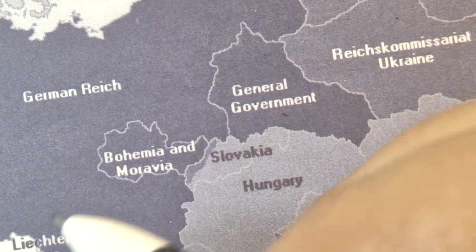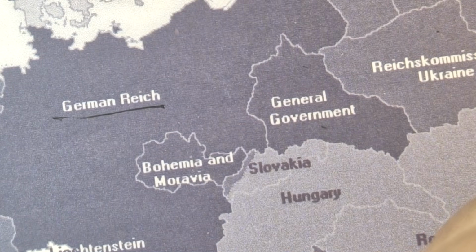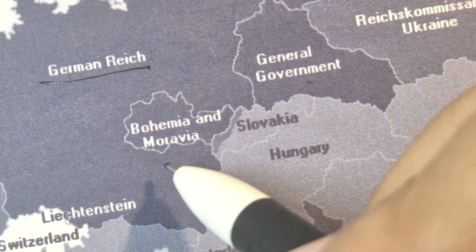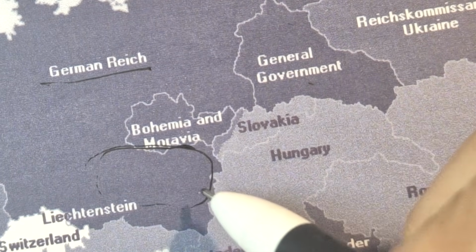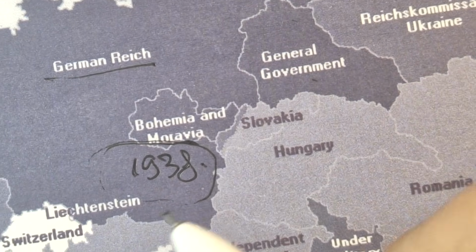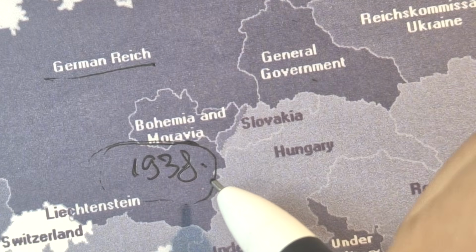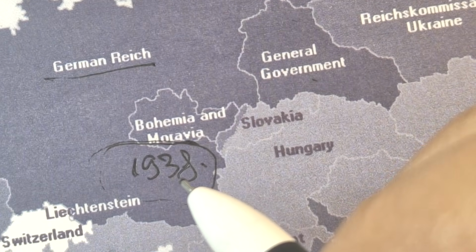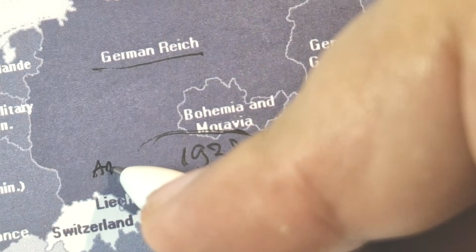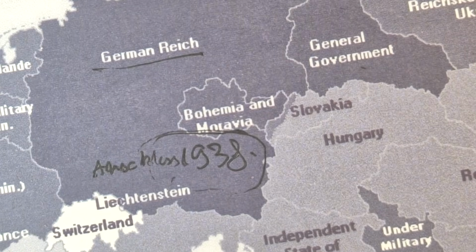The first step of the German Reich expansion was the annexation of Austria. So Austria was annexed in 1938 by Germany. Germany absorbs Austria in the Anschluss.